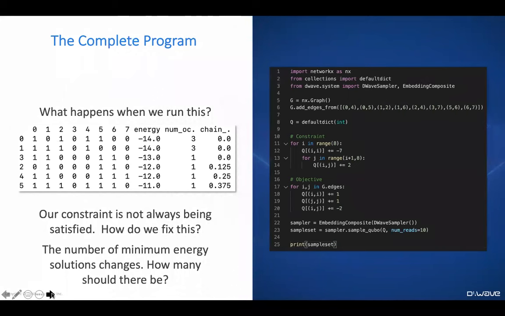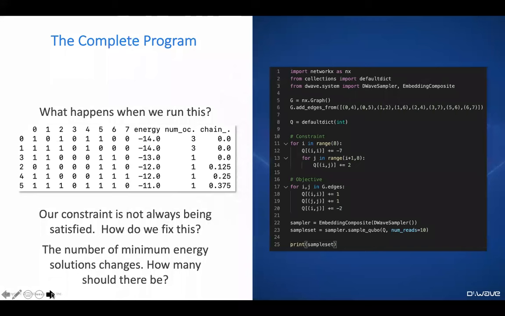And in this program, they're using an open source utility package called NetworkX to make a graph on line 5 and add the edges in. Those are those edges I talked about. Then those pieces of code I talked about before with the Q, setting up the QUBO.